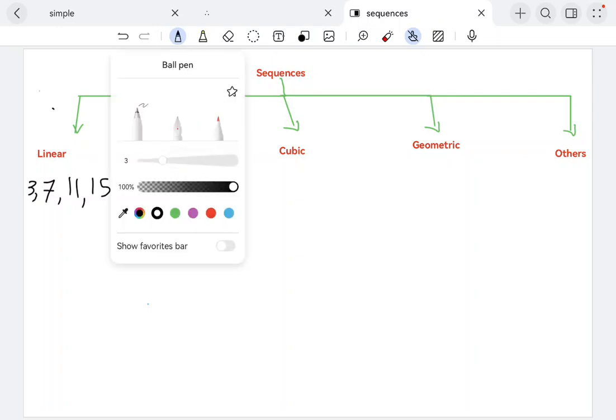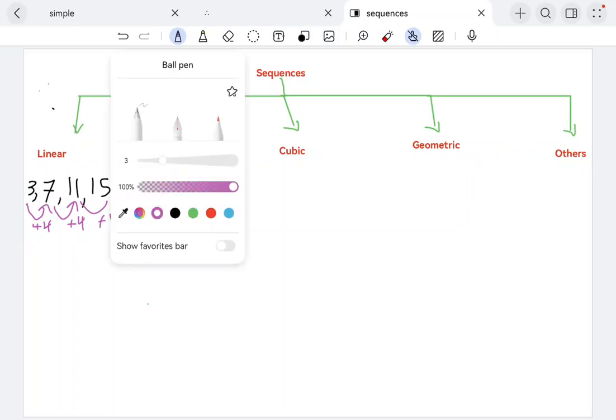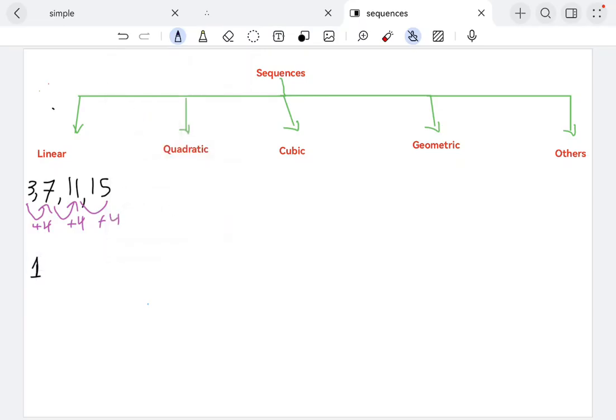Okay, let's see what is the first difference. From 3 to 7 we add 4. From 7 to 11 we add also 4. From 11 to 15 we add 4. So the first difference is common.